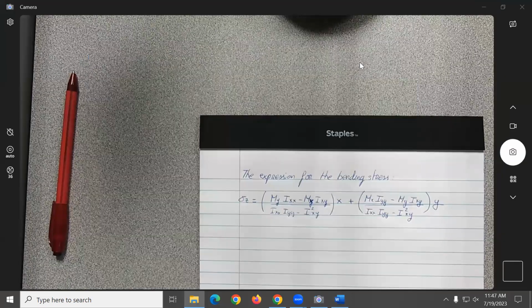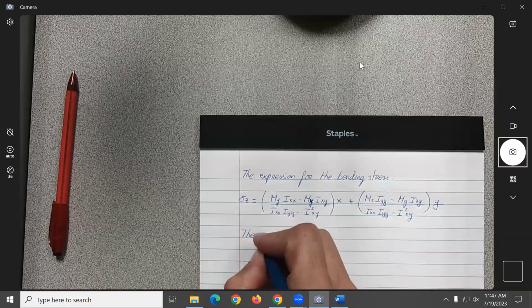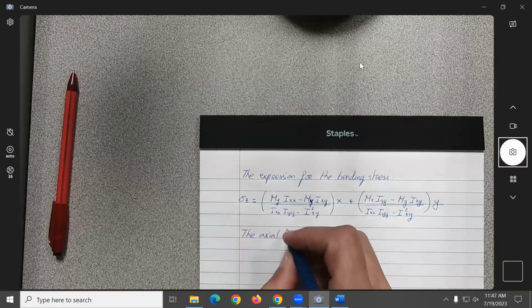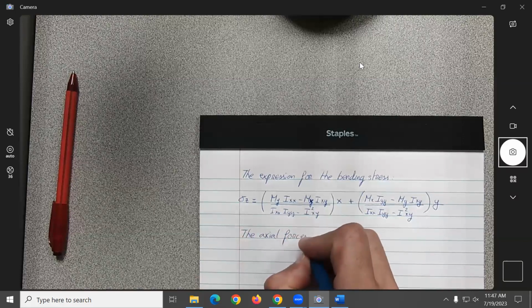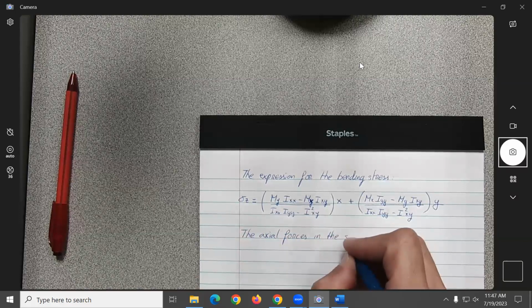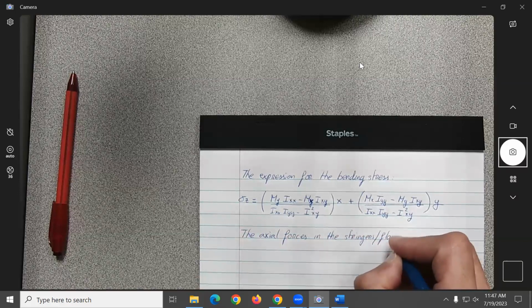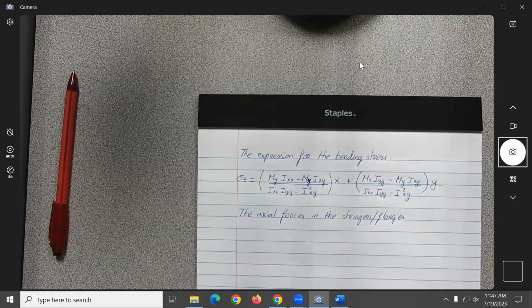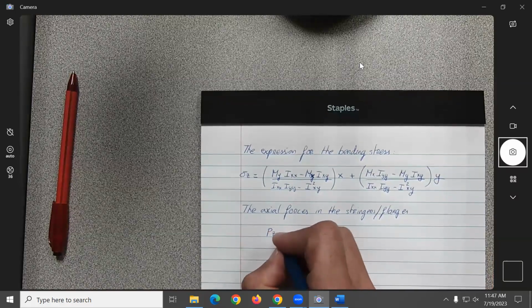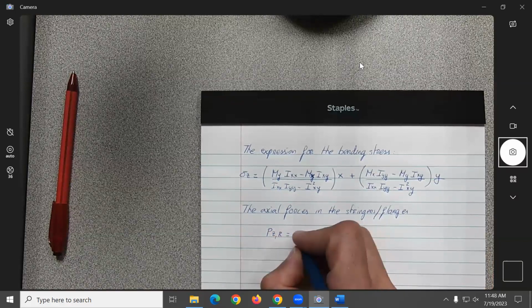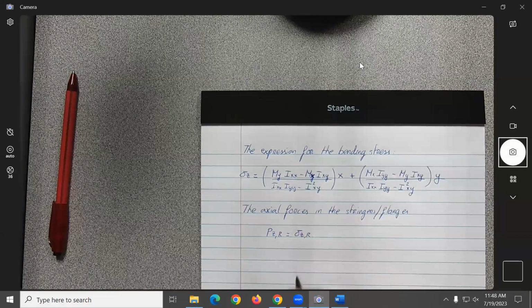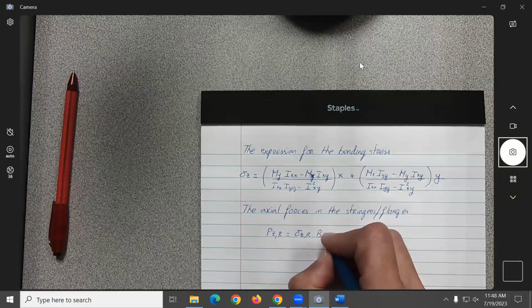All right, so let's go back to this. Using this equation, we say that the axial forces in the stringers slash flanges will be equal to PZ of R, the same procedure as before, equal to sigma Z sub R for each one of the booms, times the area of the booms.